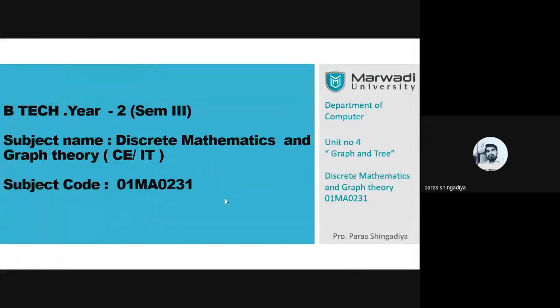In yesterday's lab, we started the syllabus and discussed an overview of the type of content you will learn in this semester. That is discrete mathematics and graph theory.